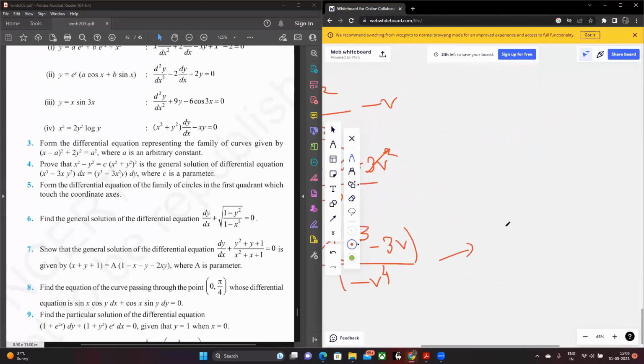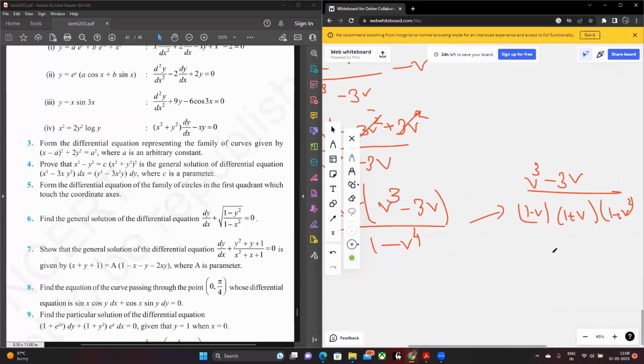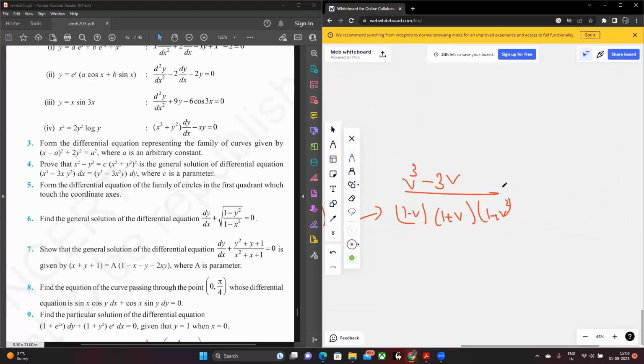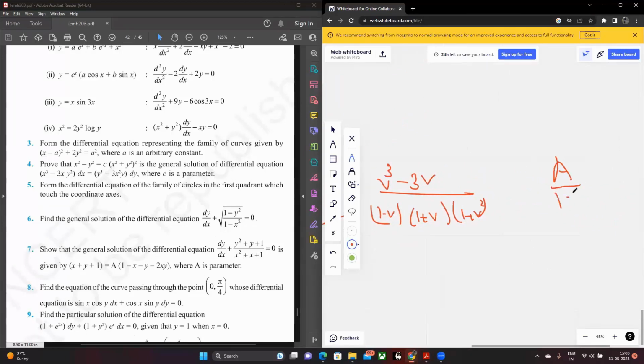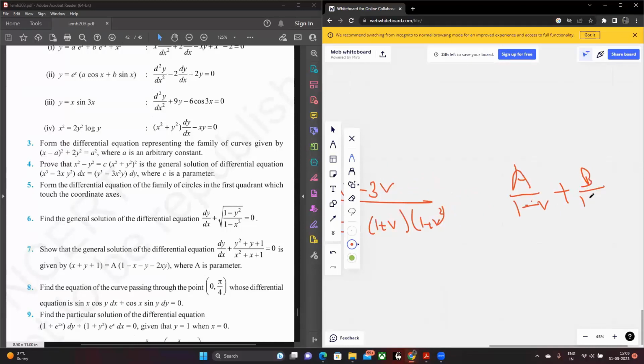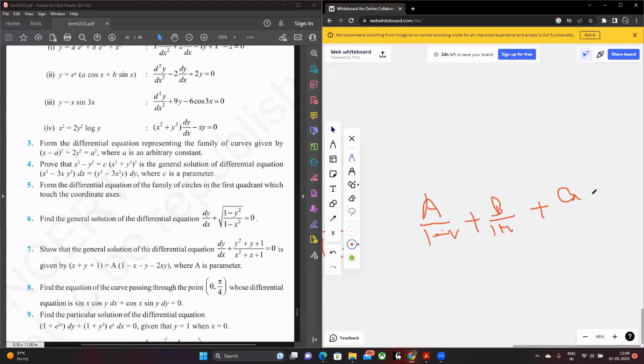You can rewrite this as v cubed minus 3v divided by 1 minus v into 1 plus v into 1 plus v squared, because 1 minus v power 4 is 1 plus v squared and 1 minus v squared, and 1 minus v squared is 1 minus v into 1 plus v. So your partial fraction form is going to be a by 1 minus v plus b by 1 plus v plus (cv plus d) by 1 plus v squared.